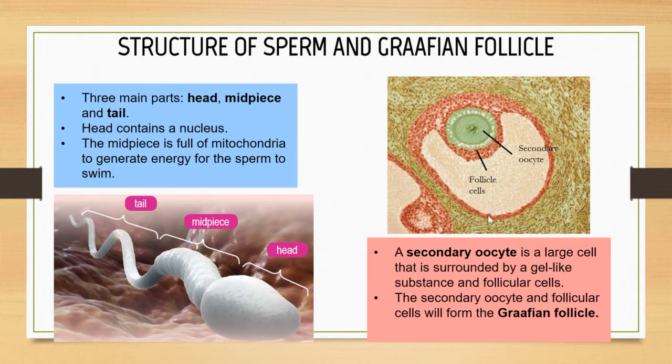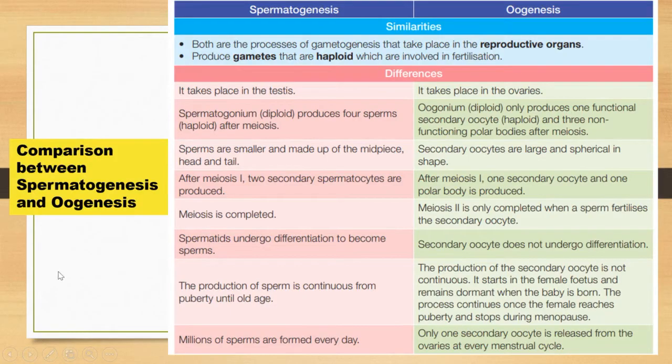Inside the follicle, there is a secondary oocyte. The Graafian follicle will release the secondary oocyte to the fallopian tube during ovulation.